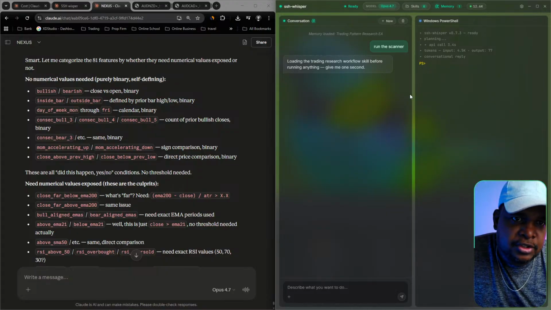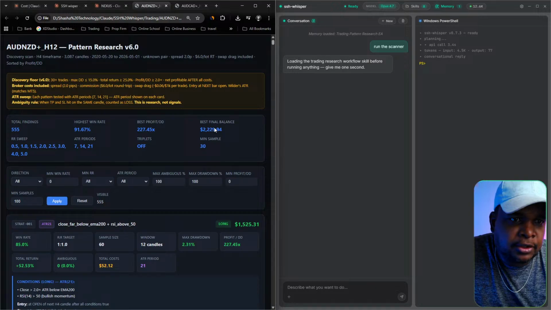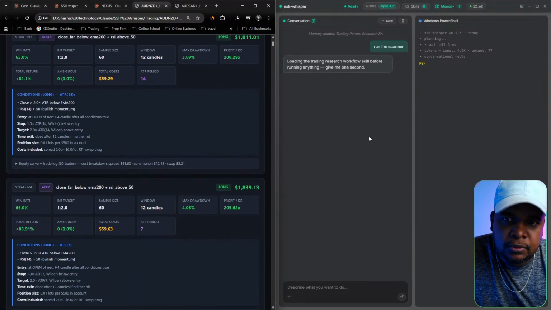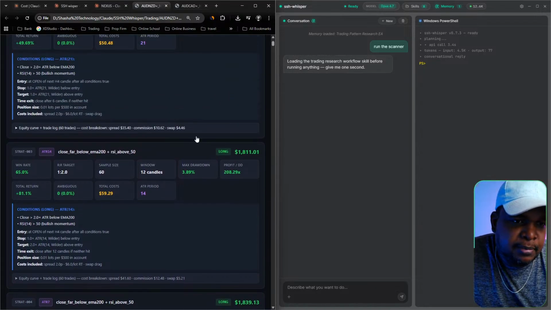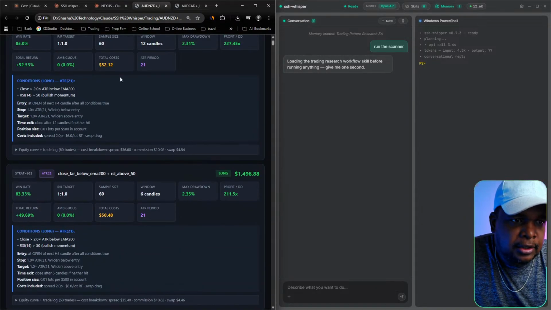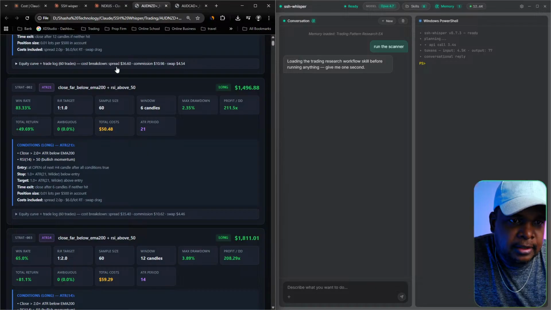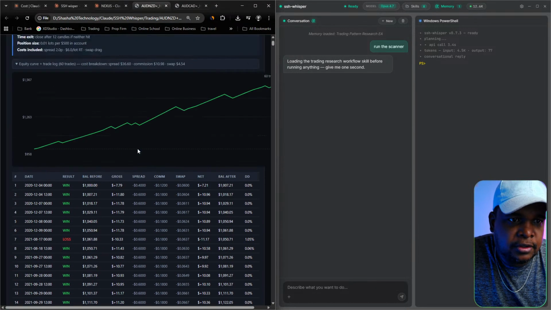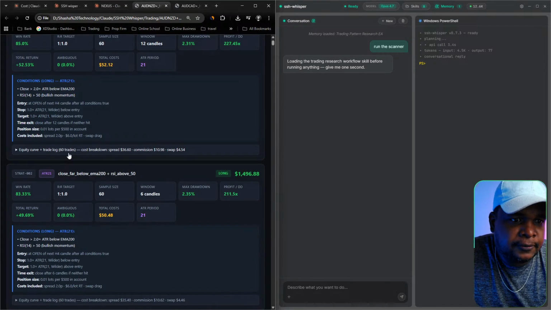So it's not strategies that we may think about, and it will find combinations, and then it will output a document like this that I could go through with SSH Whisper to find the best strategies, and it would output the results, and then an equity curve, listing all the trades that it took and all of that.